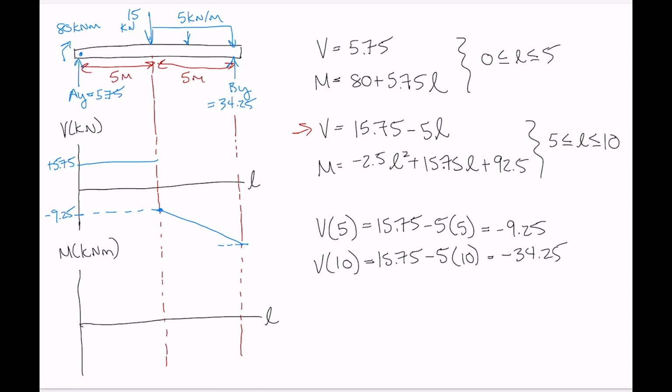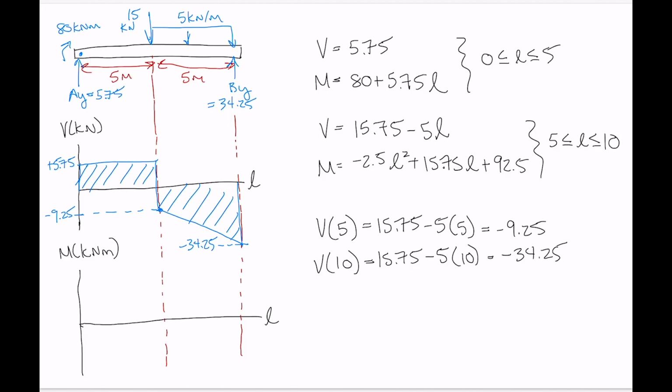Okay, so 34.25 there. All right, and then what we do is we just connect this to 0 and connect those there, and we do some shading. There we go. Perfect. Okay, so that's all there is to it for the shear diagram.